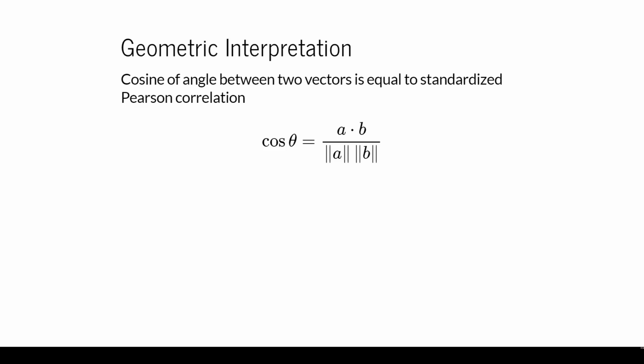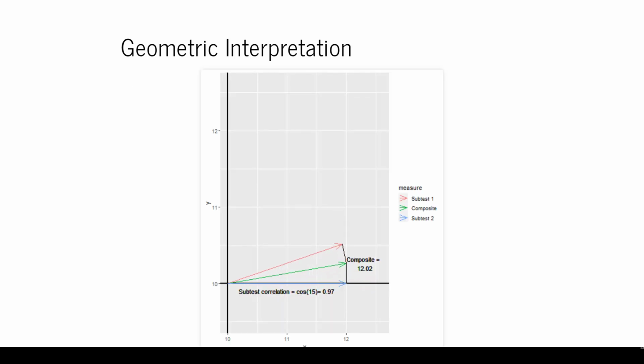Okay, so we're going to go over what this means. The cosine of that angle is equal to the dot product of those 2 vectors, so we're just multiplying the corresponding entries of values from those vectors, over the magnitudes of those vectors. We can see what happens when we plot this.